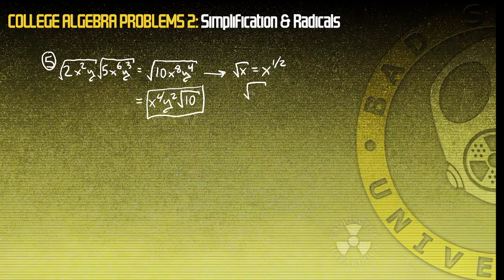So the square root of x to the 4th is the same as x to the 4th to the 1/2. So you just have x to the 4 times 1/2, which is x squared.